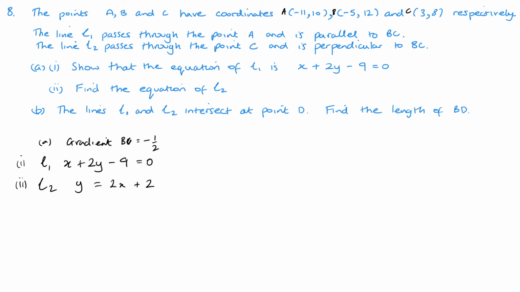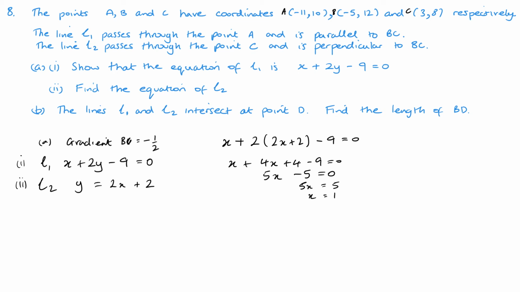So equating my two equations, I'd have x plus 2 lots of, and then inserting the second one, (2x plus 2) minus 9 equals 0. So x plus 4x plus 4 minus 9 equals 0. 5x minus 5 equals 0. And we can see what it is. 5x equals 5, x equals 1.